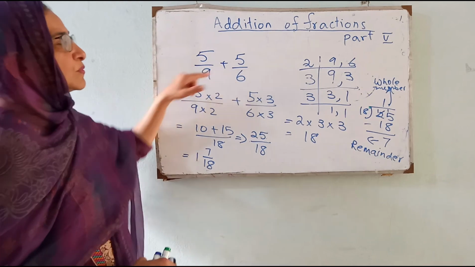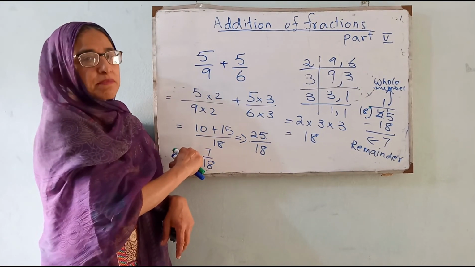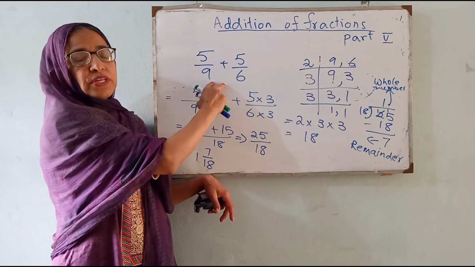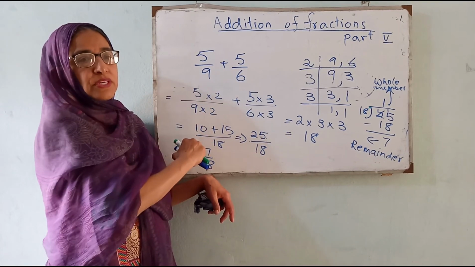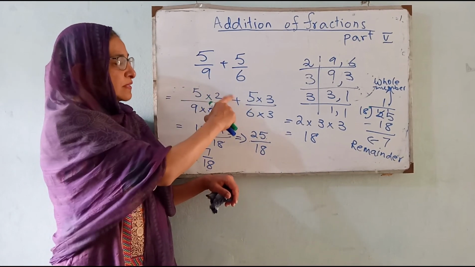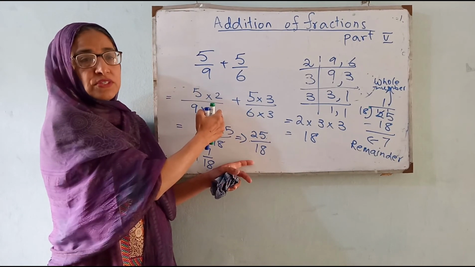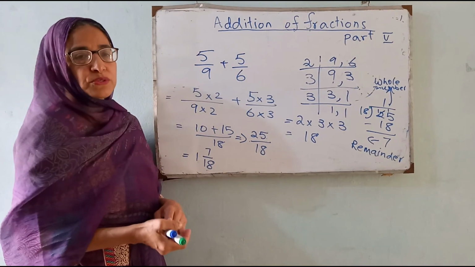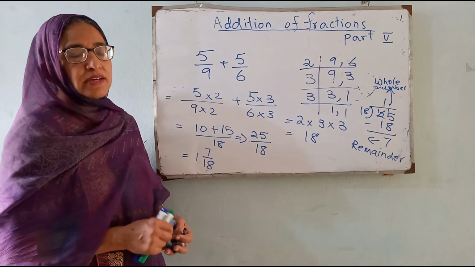And when we have to do the subtraction, the procedure or the method is the same: you take the LCM or convert them into equivalent fractions, and then, after converting them into equivalent fractions, in addition you add them. And here in the subtraction question, you are going to put a minus sign and subtract them, and in the same way you are going to get the answer.